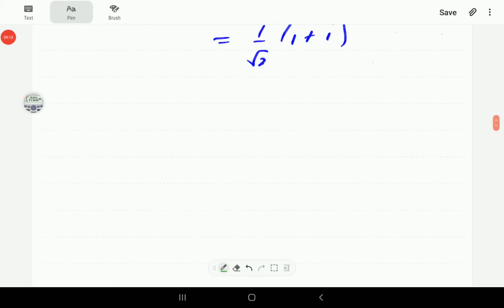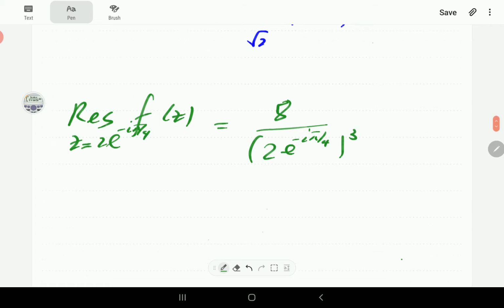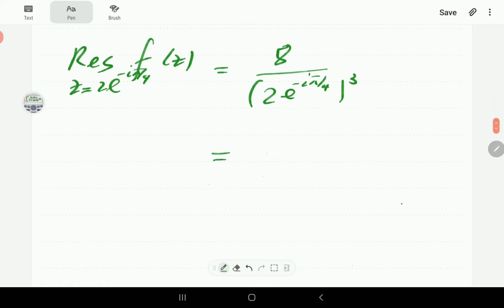Okay, and then for the last one, so residue of f when z is 2e to the minus iπ/4. So it's going to be 8 over 2e to the minus iπ/4 cubed. So there's going to be 8 over 8e to the minus 3iπ/4.